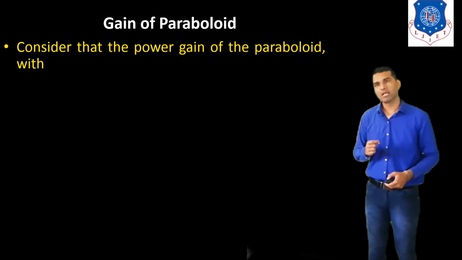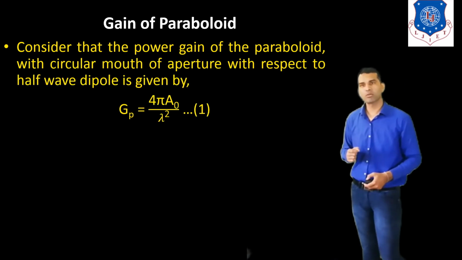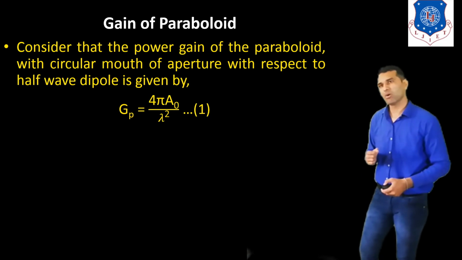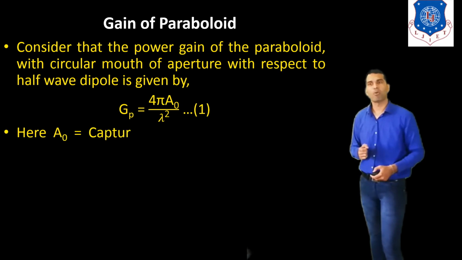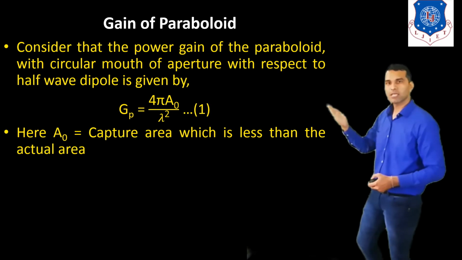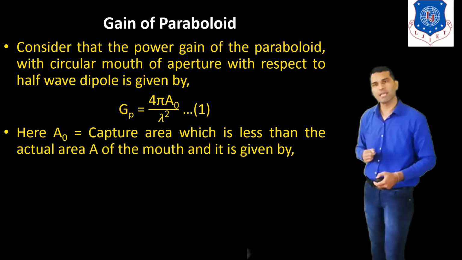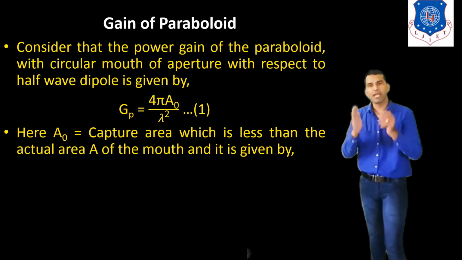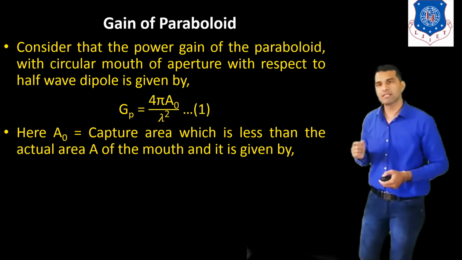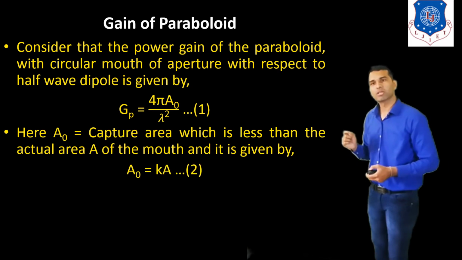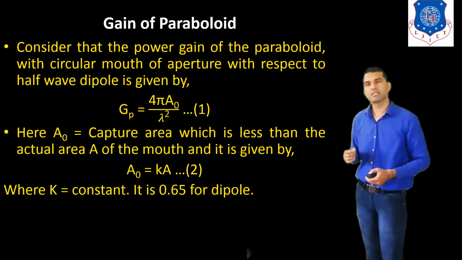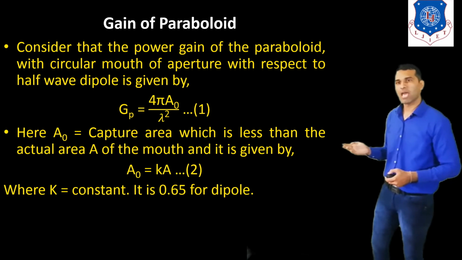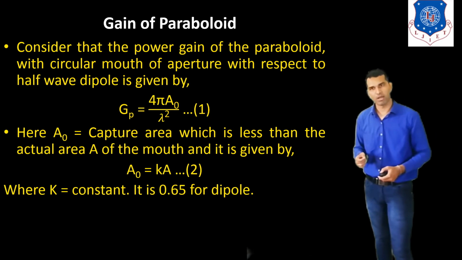We consider that the power gain of the paraboloid with a circular mouth aperture with respect to a half wave dipole is given by Gp = 4πA0/λ². Here A0 indicates the captured area, which is less than the actual area A of the mouth, and it is given by A0 = K × A, where K is a constant, 0.65 for a dipole.